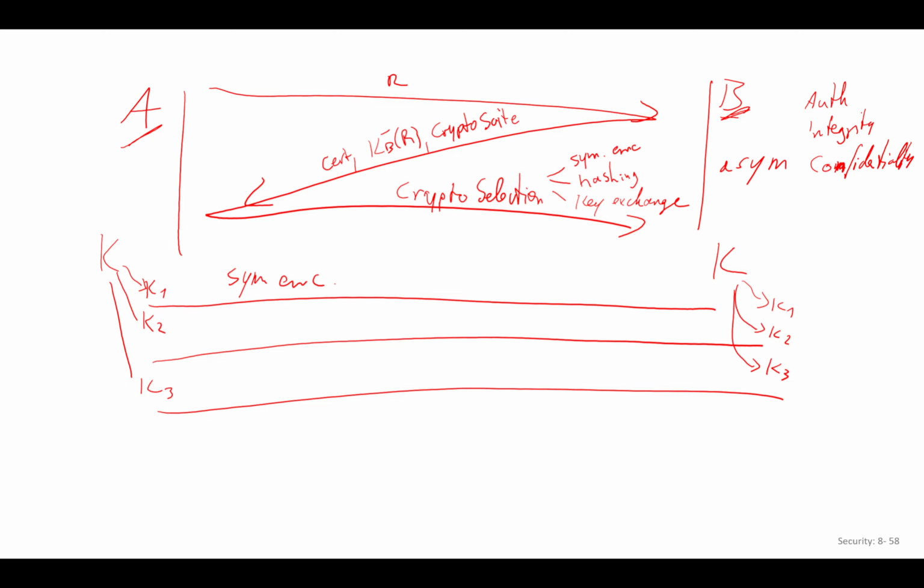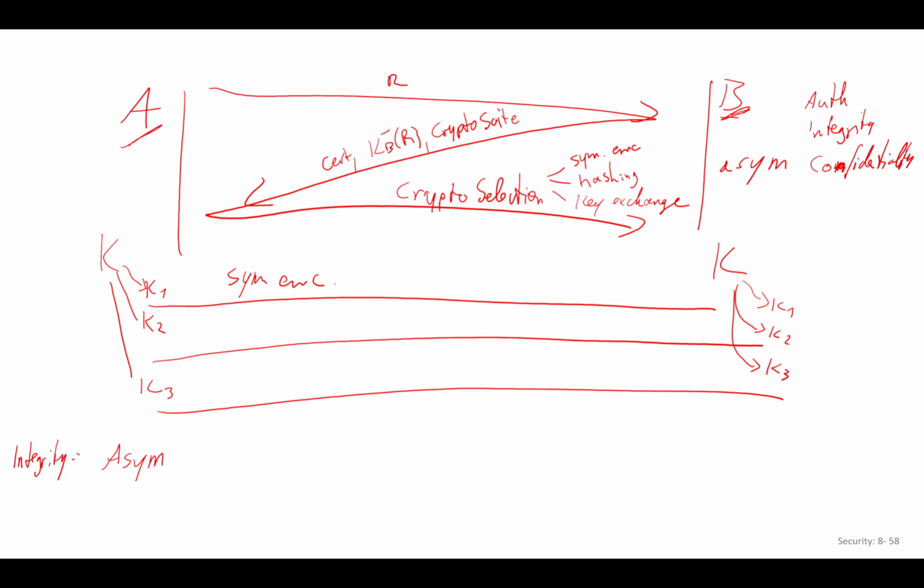So with asymmetric it would be somehow easy. So what's the goal of integrity? Integrity means that if somebody modifies the data without permission, this will be detected.